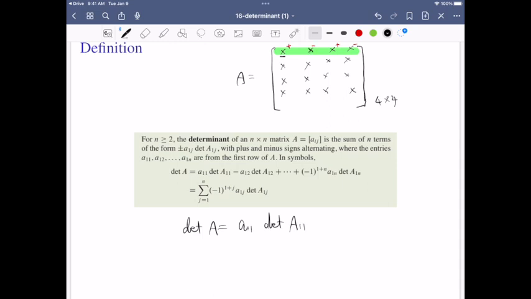Then, because this is a negative sign, minus a12 times the determinant of A12, plus a13 times the determinant of A13, and the last term is minus a14 times the determinant of A14. This is the first step, but for a 4x4 matrix you still need to compute those determinants, which are 3x3.